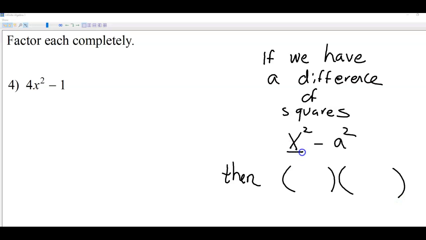You take the square root of this number, which is x, and you put it in 2 spots. You take the square root of that number, which is a, you put it in 2 spots. You make one a plus and you make one a minus. It's just the opposite of what we learned yesterday with that shortcut. Okay. So now, I'll wait a second, and then we'll do that sample problem there on the left.